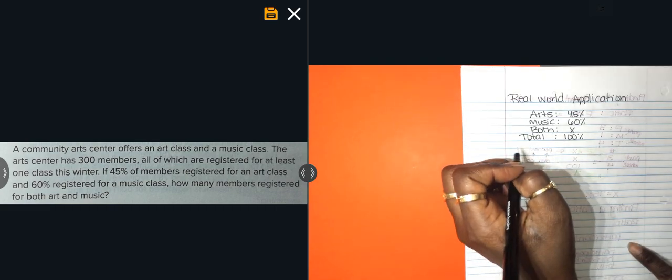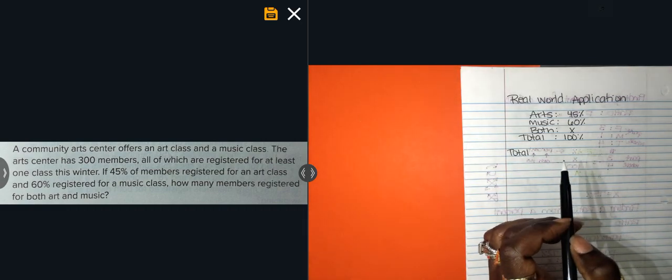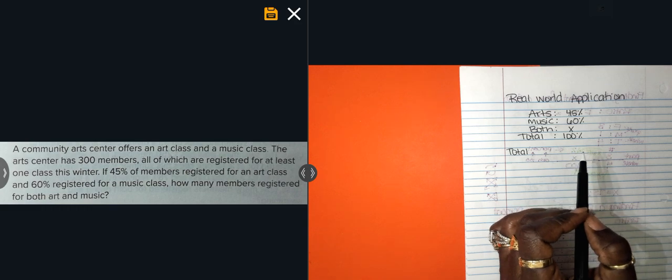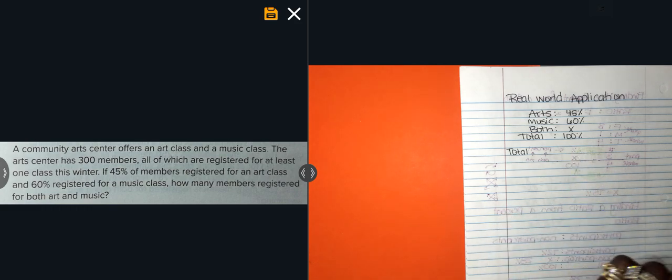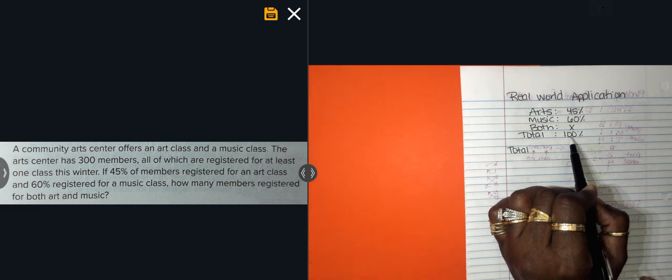So let's look at this. Our total should be 100%, right? So think about your battery or cell phone charging. It gets to 100%, and that means it's done, right? And so here we're saying that our total is 100%.